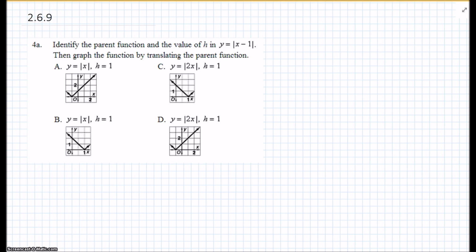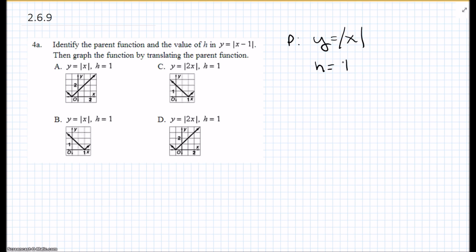Identify the parent function and the value of h in y equals the absolute value of x minus 1. So the parent function is just y equals the absolute value of x. My h value is 1. So let's talk about this. It's going to be a graph going up and to the right and up and to the left.